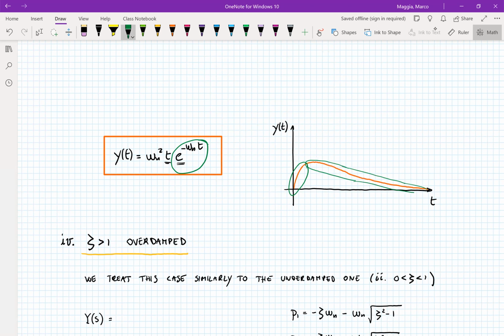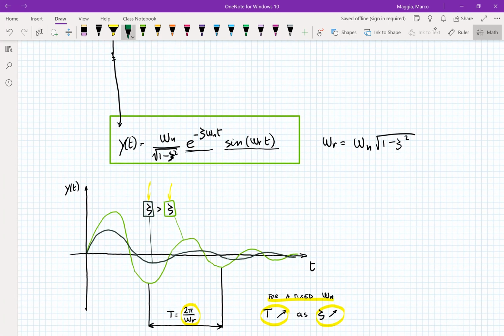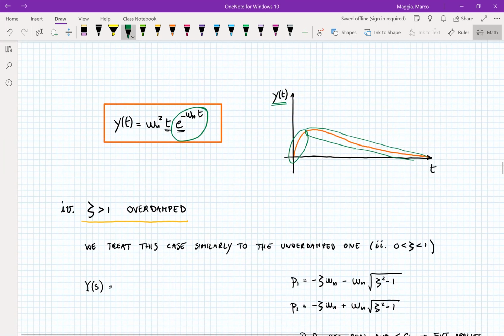So for the critically damped system, the output, that is the response to an impulsive input, starts increasing at first and then decreases exponentially towards 0. We don't have an oscillation like in case number 2, where the output oscillates, so crosses the real axis an infinite number of times. In this case, we don't have that.